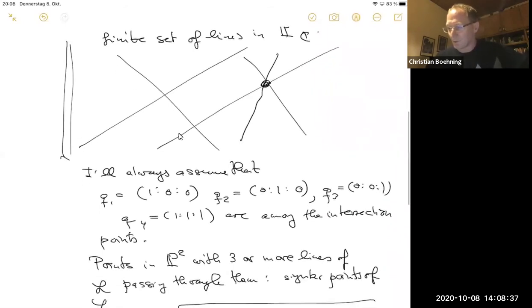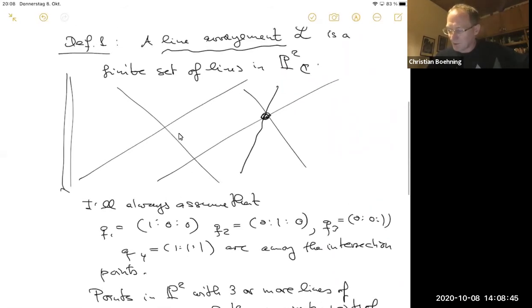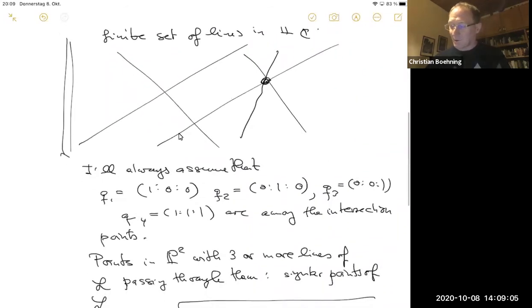For example, there's one theorem by Kelly, I think, that says that if you have such a line arrangement in P2 over the complex numbers, and you don't have the case of a star of lines, so not all of the lines of the arrangement pass through a single point, and if moreover that line arrangement is free from double points, so there is no point through which exactly 2 lines of the arrangement pass, then there has to be at least a triple point.